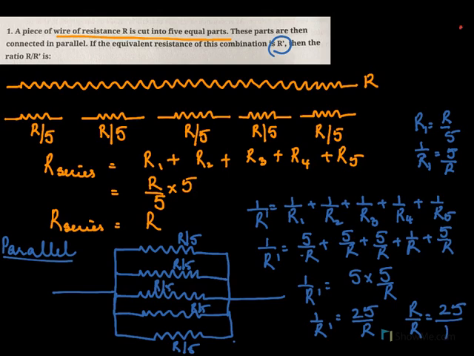So the answer for this, your R over R dash is 25 by 1.